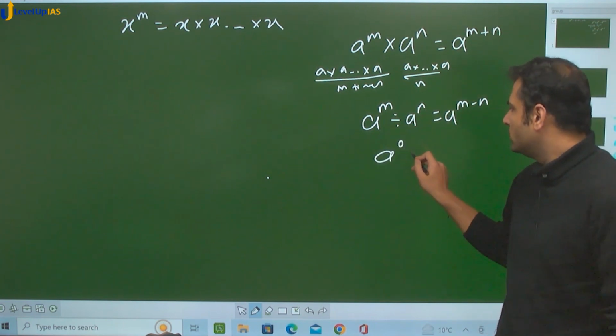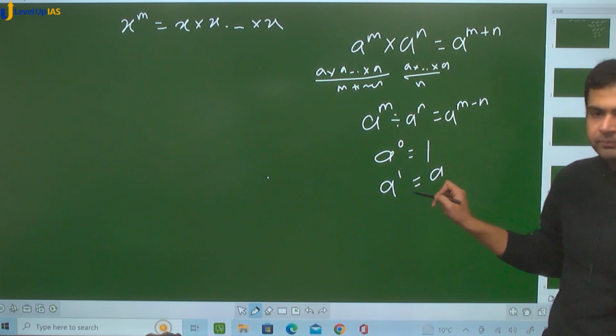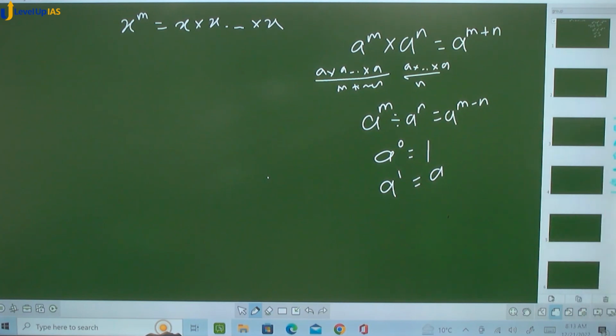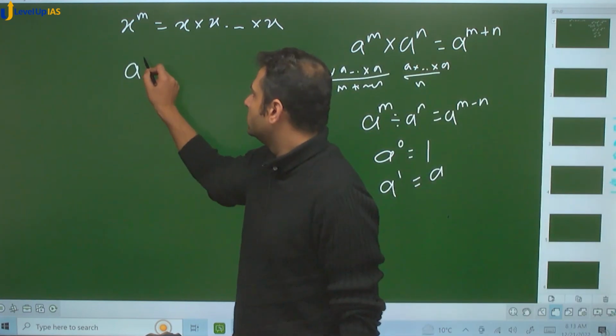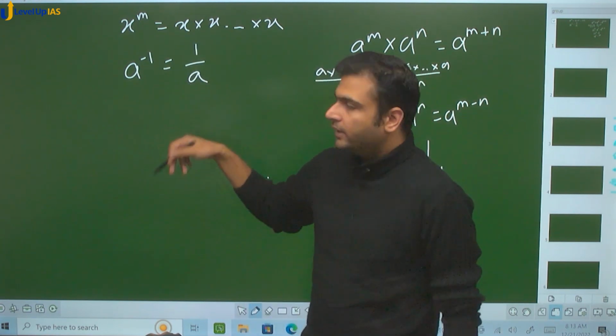A raised to 0 is 1 and a raised to 1 is a. This is by definition. We define a raised to 0 to be 1. Then a raised to minus 1 is nothing but 1 by a, by extending.